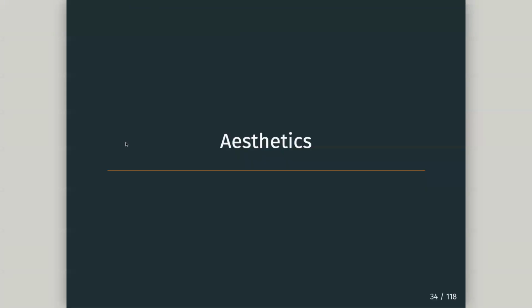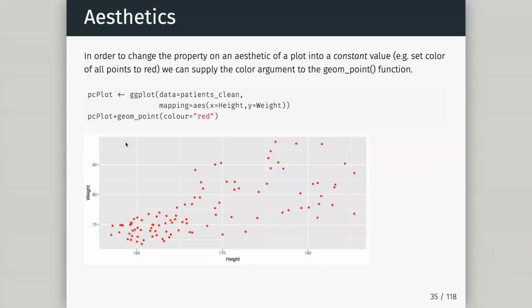So the next thing we want to look at is how we can control the aesthetics in our plot. Right now, we've just done x and y, which are basic aesthetics. But clearly, we can build up very complex plots with very little effort on our part. In this case, we're just going to start very simple.